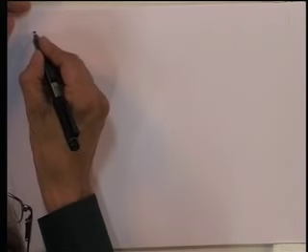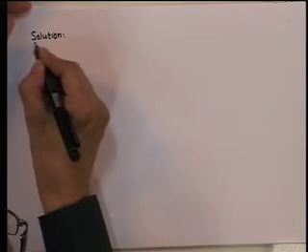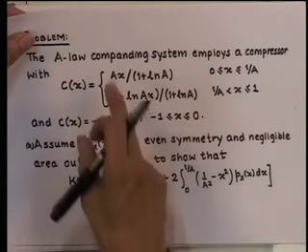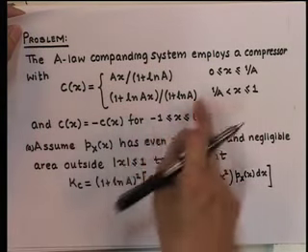So, the solution would be as follows. For the given A log companding system, the compressor characteristic is given by this.